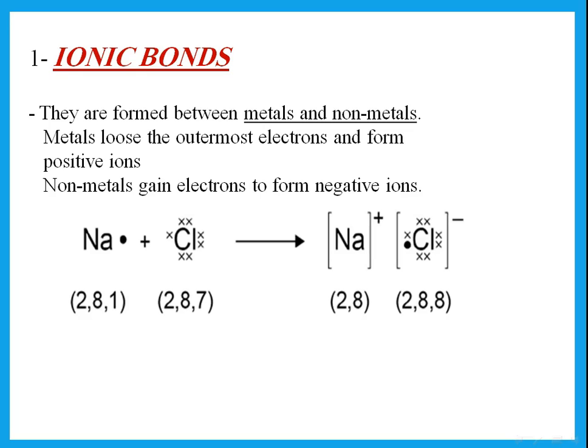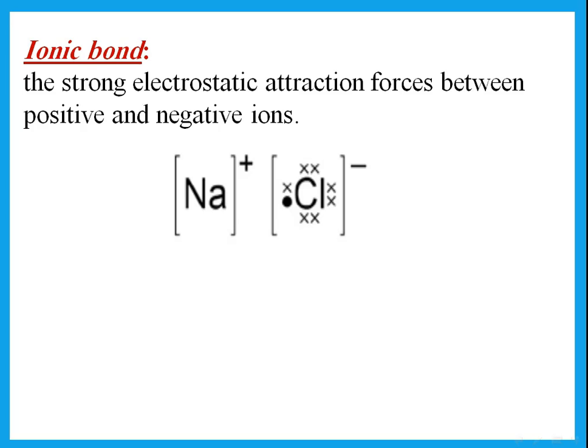So the idea of one atom losing electrons and the other atom gaining electrons, this forms an ionic bond, and the ionic bond is the electrostatic attraction force between the oppositely charged ions.